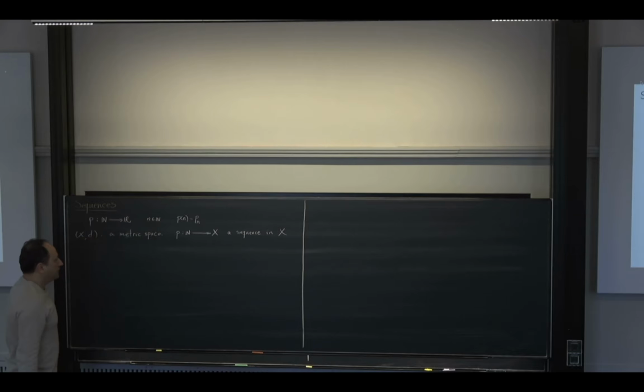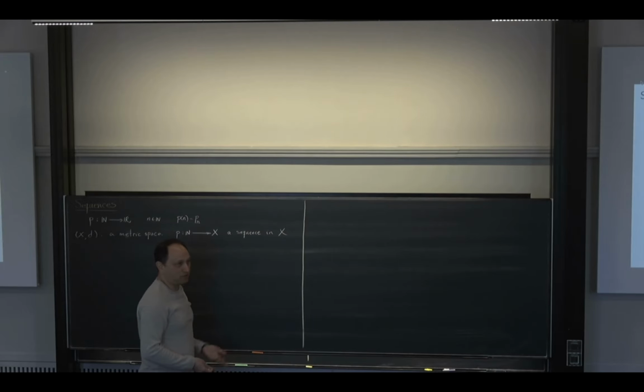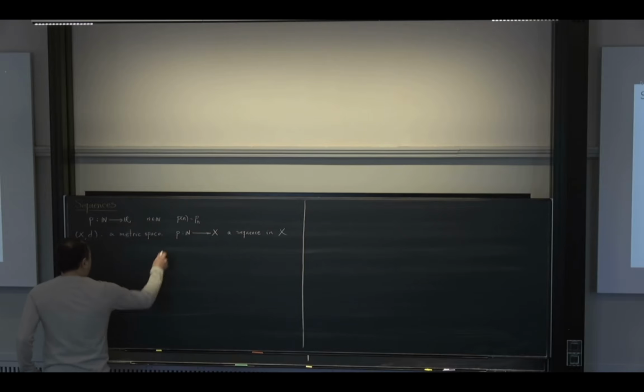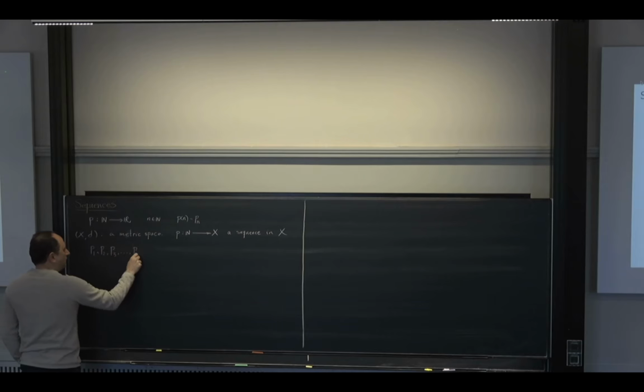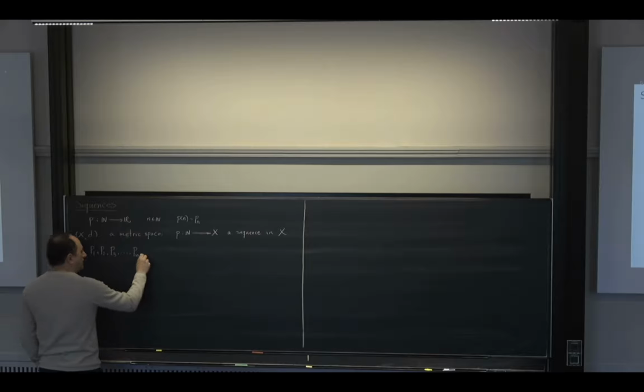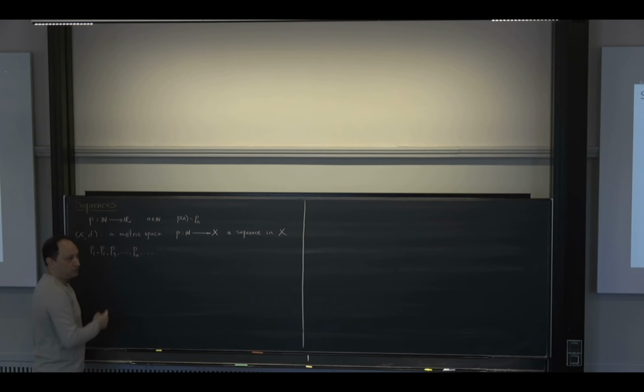Again, nothing prevents us from imagining this sequence as a list, but not a list of numbers this time. A list of points in that metric space. So if I want to write this, it will be p sub 1, p sub 2, p sub 3, etc., p sub n, which is called the nth term, and the sequence continues. By the way, a sequence automatically means infinite, a list of infinite terms. Why?